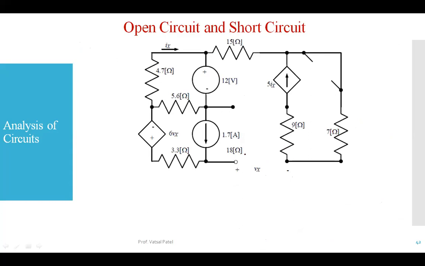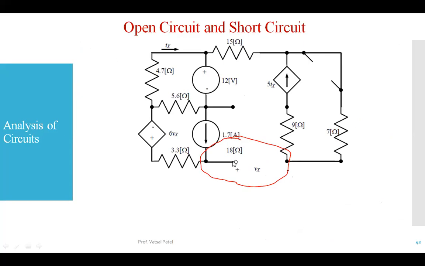When we say that the terminal is open here, can we say that the current is flowing from this open circuit terminal? Can we say that the current is flowing through that 18 ohm resistance? No, it is not possible, because you don't have a closed loop path here, so the current is not flowing.